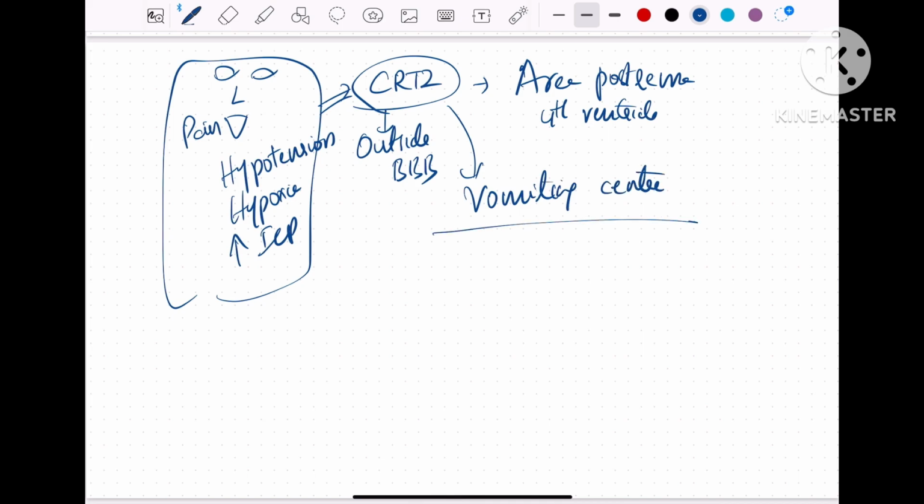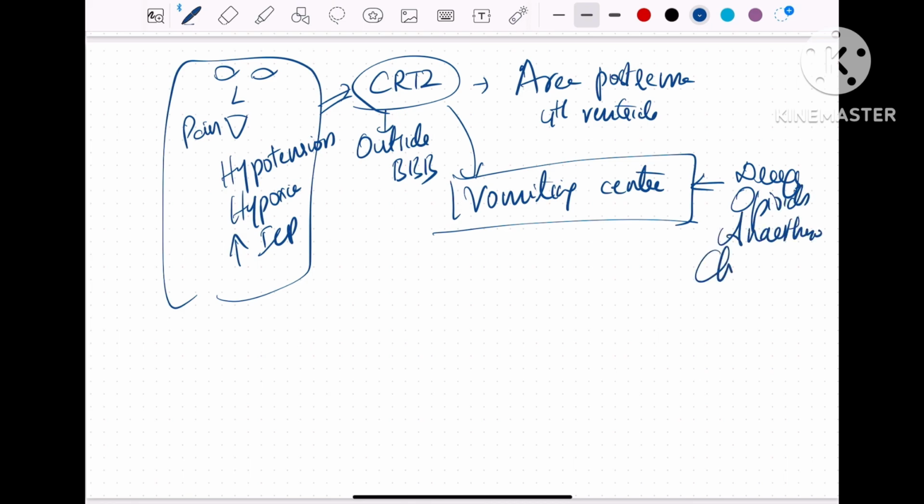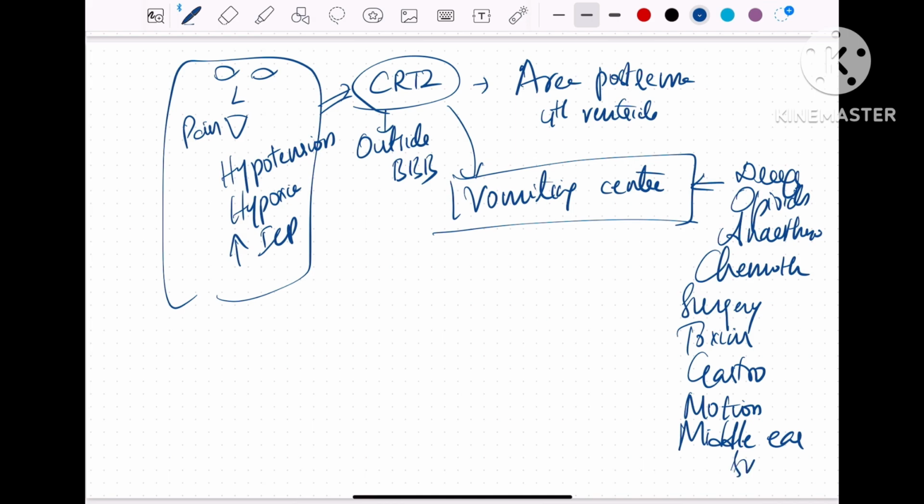Not only the chemoreceptor trigger zone, but the vomiting center is individually triggered by various other factors like drugs which we use, opioids, all the anesthesia medication which we use, chemotherapeutic agents, surgery, toxins, gastroparesis, motion sickness, and middle ear surgeries.